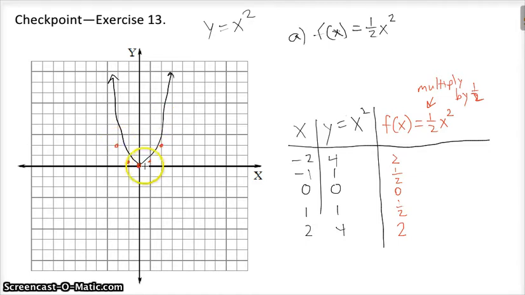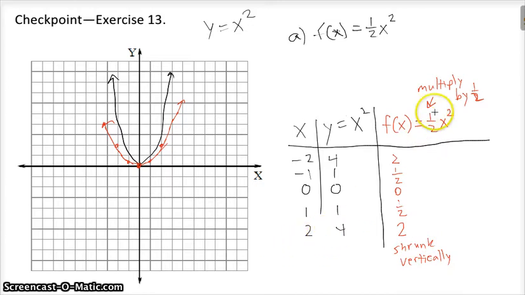So this graph, if I draw it correctly, still looks like a parabola, but it's a much smaller parabola vertically. So this one was shrunk vertically.